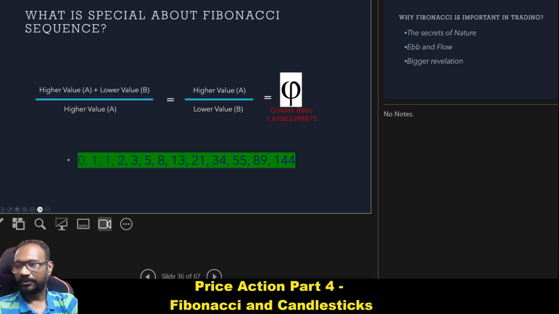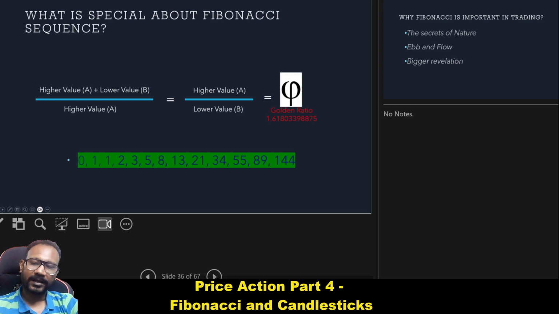So for example, if you add 144 plus 89 divided by 144, sorry, divided by 89, let me say it again. 144 plus 89 divided by 89, you get this golden ratio, right? So this is something very special about Fibonacci sequence.